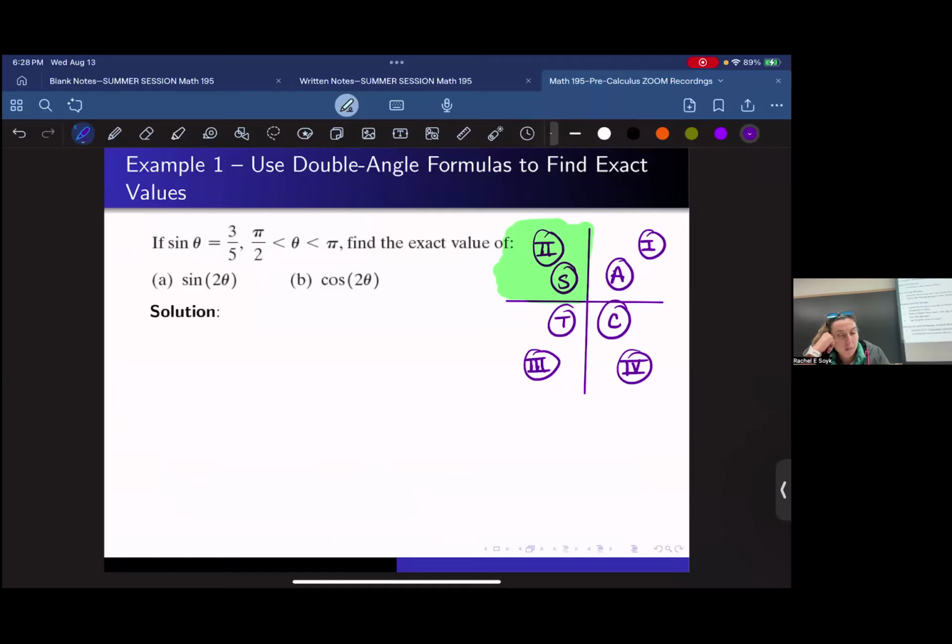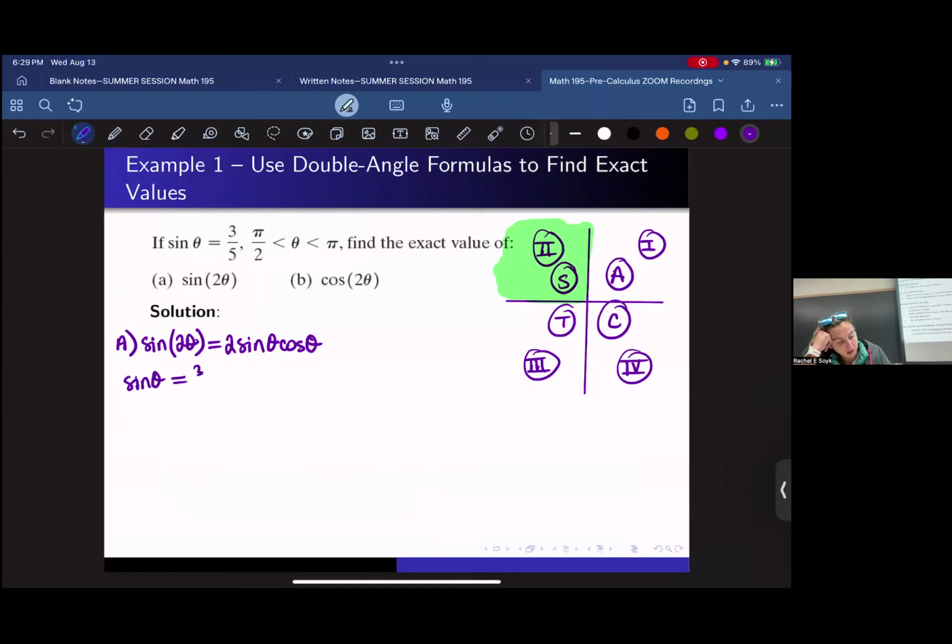So remember, there's one sine double angle formula, and our sine double angle formula is 2 sine theta cosine theta. So we have for part A, our sine of 2 theta is equal to 2 sine theta cosine theta. And we're given sine theta.